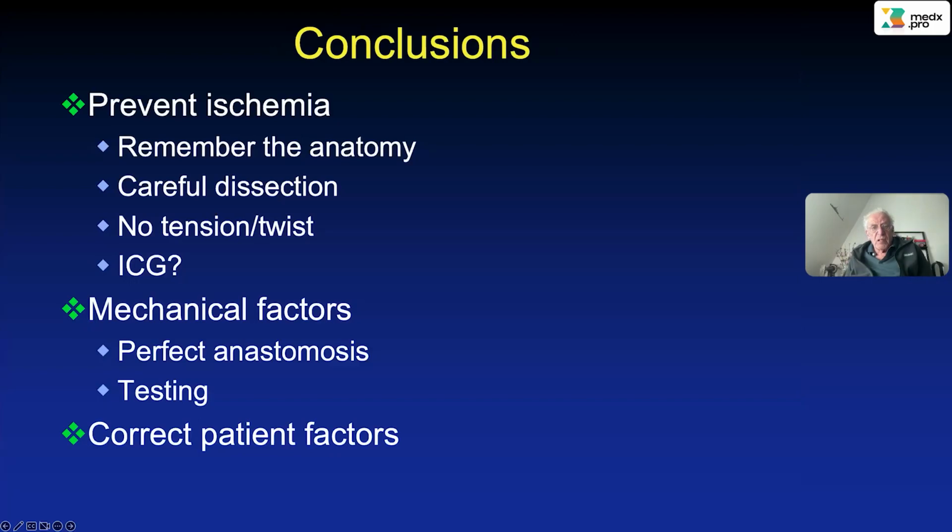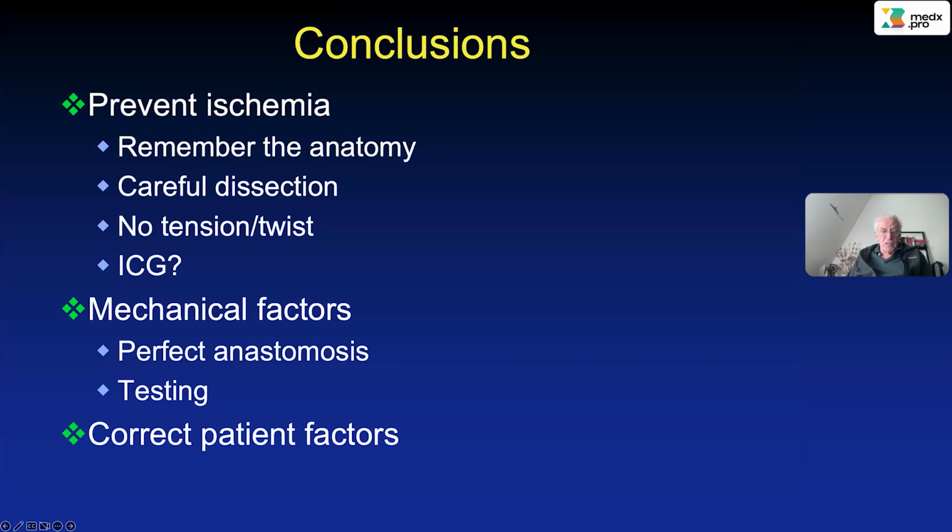So, in conclusion, prevention of ischemia depends on remembering what the anatomy is about, making sure that your dissection is complete and careful. Make sure that your anastomosis is without any tension, any twist.